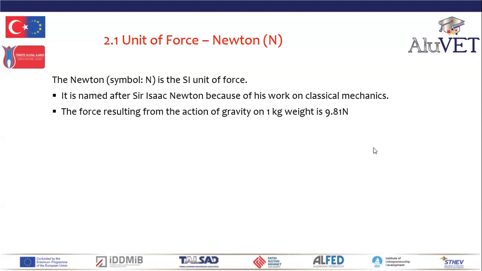Now, the unit of force we use is called the Newton, and its symbol is N. In SI, the Standards International unit of force, it is named after Sir Isaac Newton because of his work on classical mechanics. The Newton is the force resultant from the action of gravity on a 1 kilogram weight.